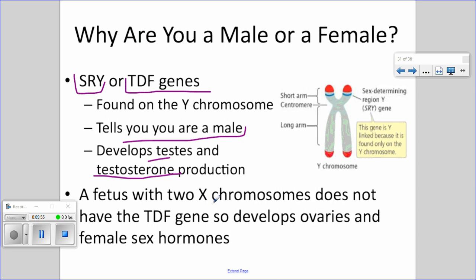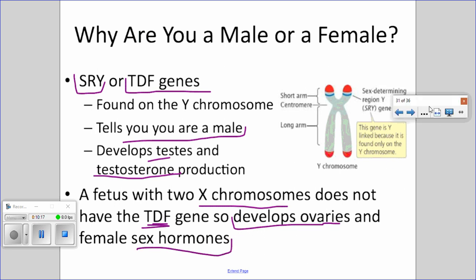A fetus with two X chromosomes does not have the testes determining gene and so does not produce testosterone, and through the progesterone secreted by the mother, will develop ovaries and, as a result, will produce its own female sex hormones.